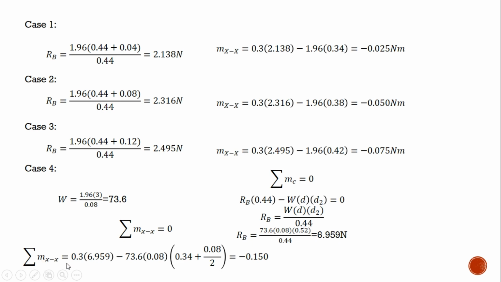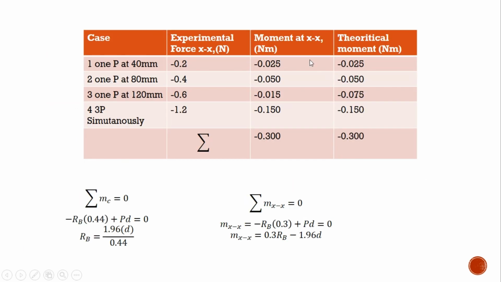And then for the moment at XX, finally we get negative 0.150. So the theoretical and experimental values match perfectly, which means no errors occurred during the experiment.